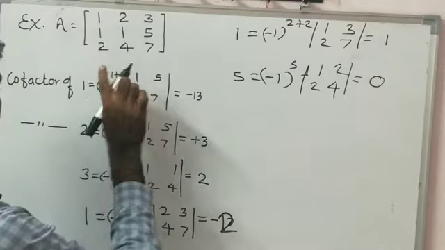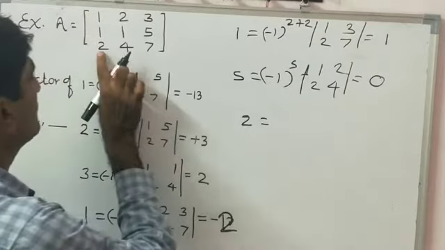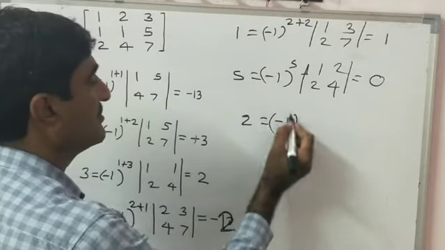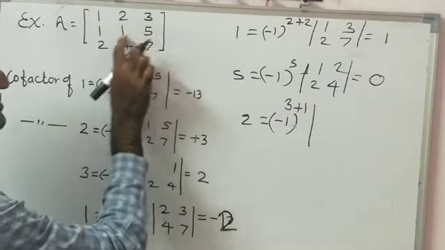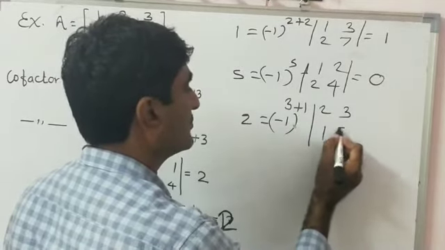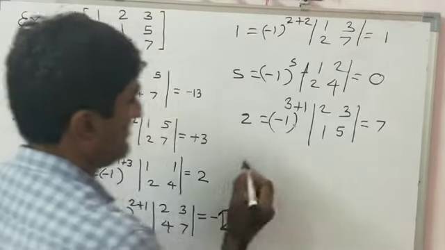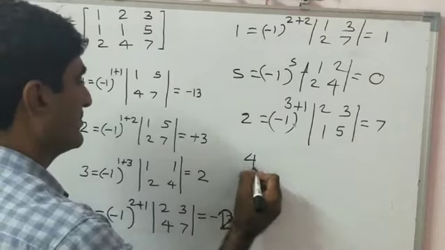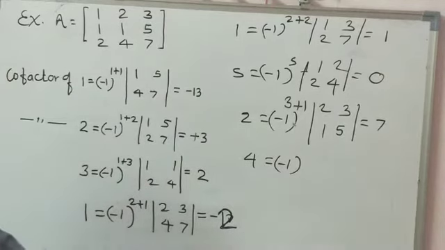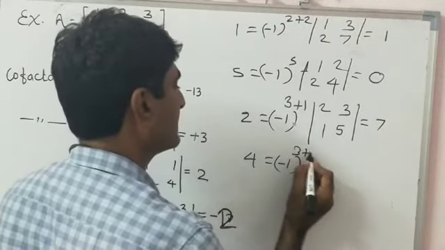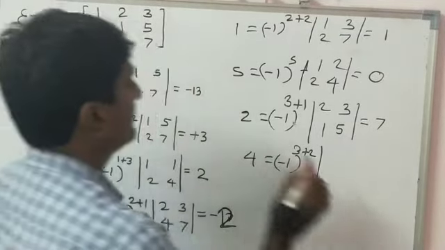Now this 2, the cofactor of this 2: (-1)^(3+1), and its minor is 2 3 1 5, here plus, 10 minus 3 is 7. Now this 4: (-1) to the power, third row, second column, 3 plus 2, and its minor is 1 3 1 5.